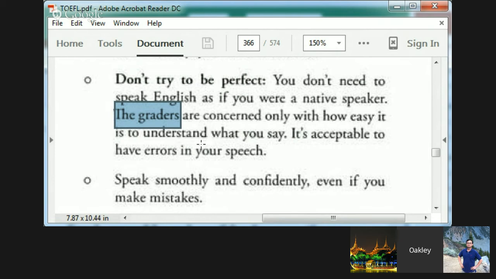In other words, if you speak for a minute and I can understand everything that you're saying, even if you have minor mistakes like a wrong preposition, one mispronounced word, you missed an article, you got the verb tense wrong, but I understand everything you said, you can still get a perfect score, a 4. It is possible.